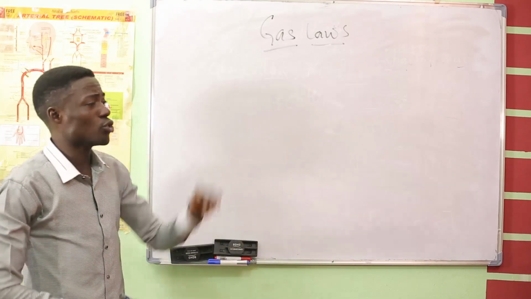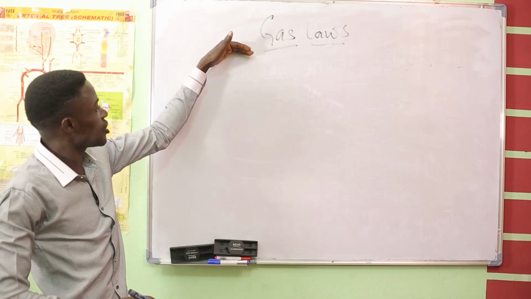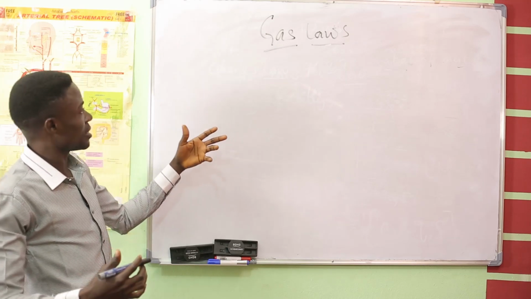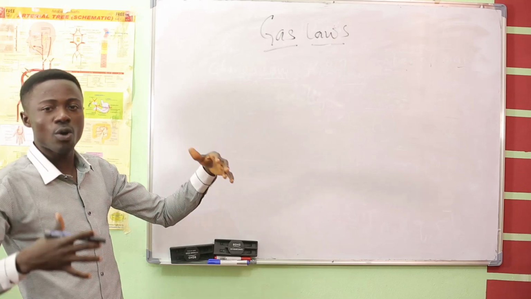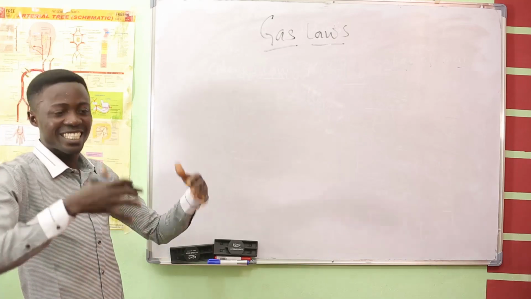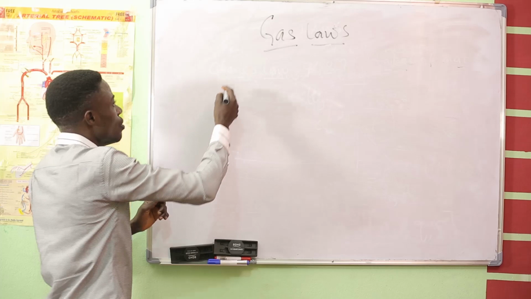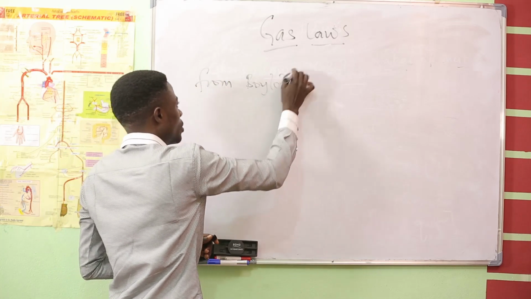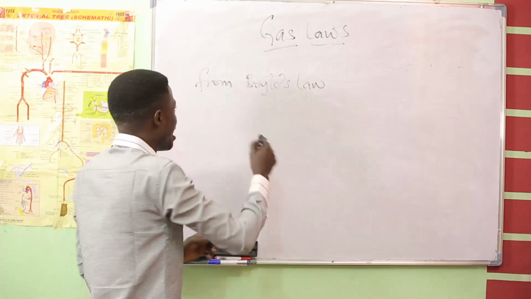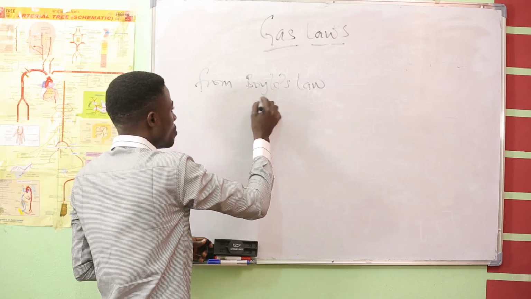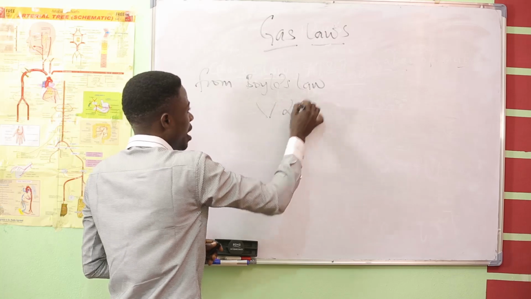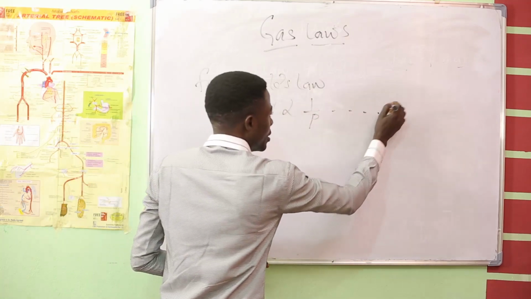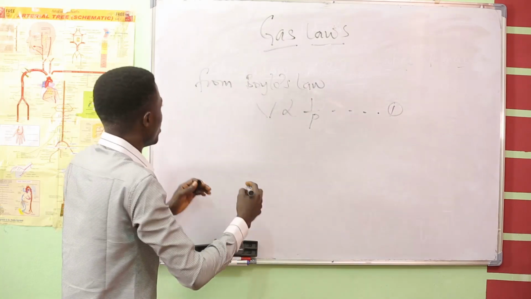At this point, I'm going to combine Boyle's law and Charles' law to come up with another equation we will call the general gas equation. So, from Boyle's law, we have it that V varies inversely with P, which we call equation 1, if you can still remember.